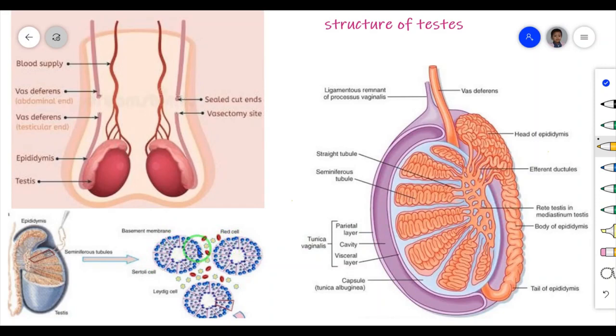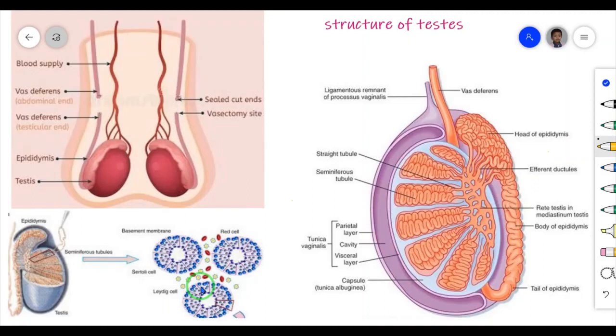Then one more cell, that is the Leydig cells. These Leydig cells are polyhedral in shape, lie between the seminiferous tubules and secrete testosterone. Where are these Leydig cells present? In between the seminiferous tubules, and they secrete the male sex hormone, that is known as testosterone.